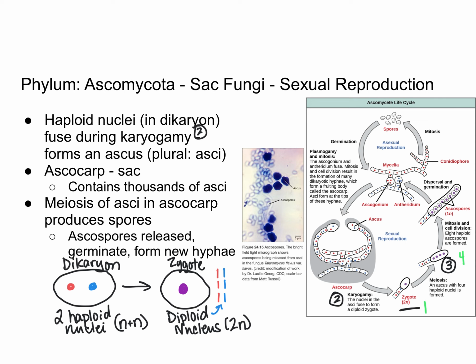That ascus then goes through mitosis and cell division, so those 4 cells actually become 8 ascospores. The ascospores are then released from the asci into the environment, and then if they land in a suitable environment, they will germinate in order to form a new thallus.